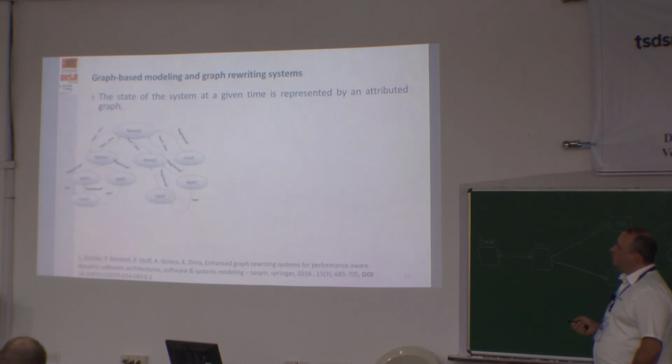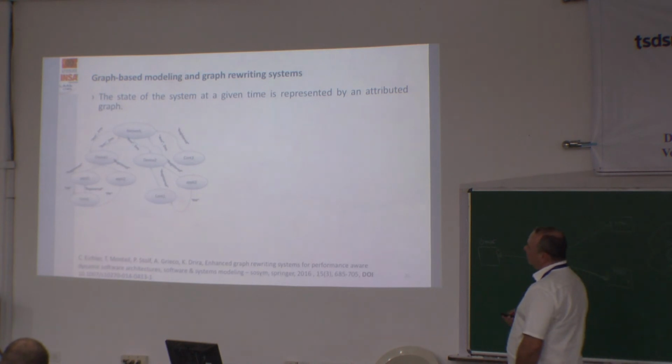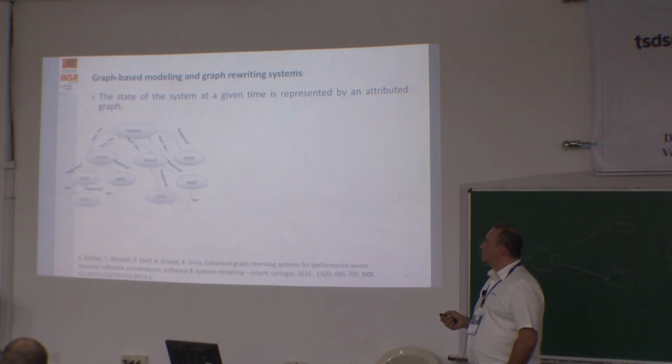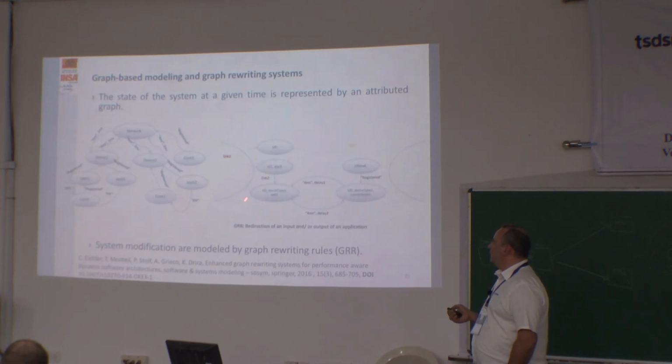Then we use a representation based on a graph. So we use a graph grammar on rewriting rules. In the rules, we express that we want to find this pattern inside the graph, then we will remove a part of the graph and add a new part of the graph.